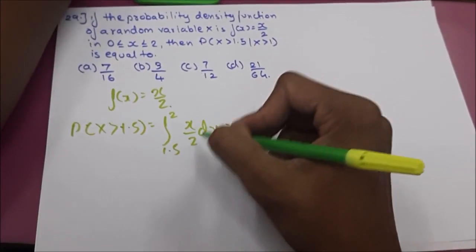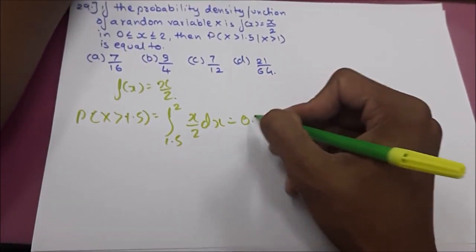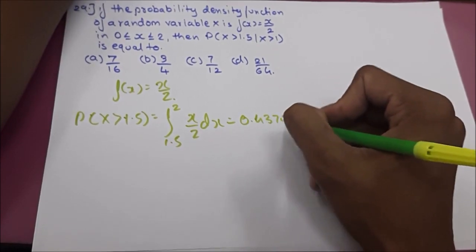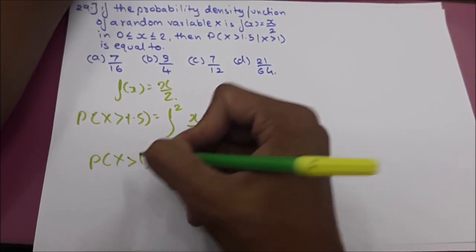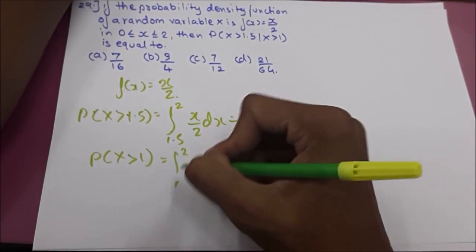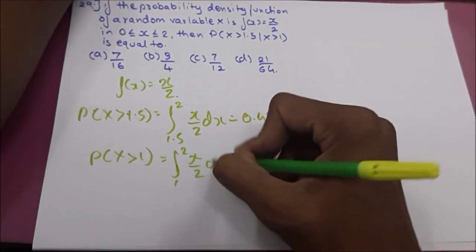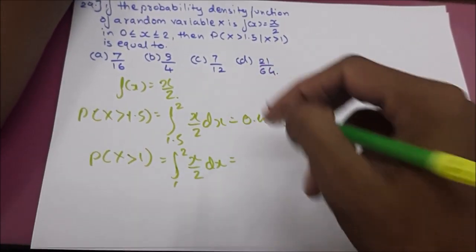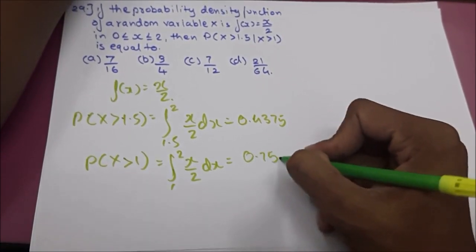We integrate this, we substitute the value of limits in x, we get 0.4375. For probability of x greater than 1, that is 1 to 2, x by 2 dx, we integrate this, substitute the value of limits in x, we get 0.75.